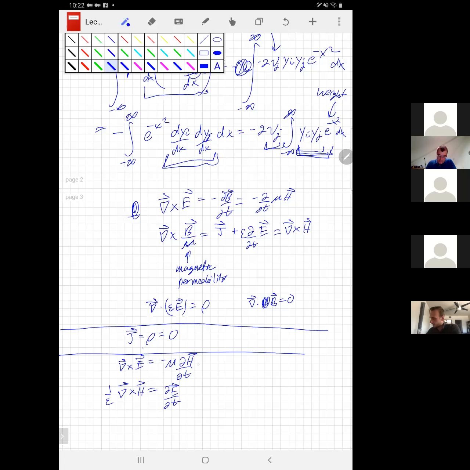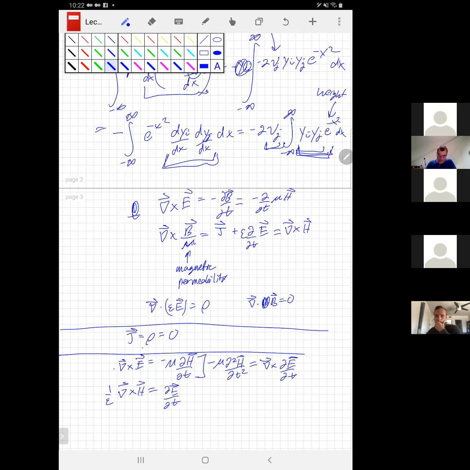Then what I'm going to do is take the time derivative of both sides of this. So I'm going to take another time derivative. And I'm going to get that minus mu times partial squared H partial t squared equals del cross partial E partial t.